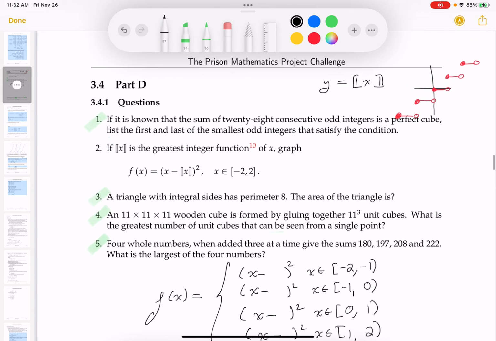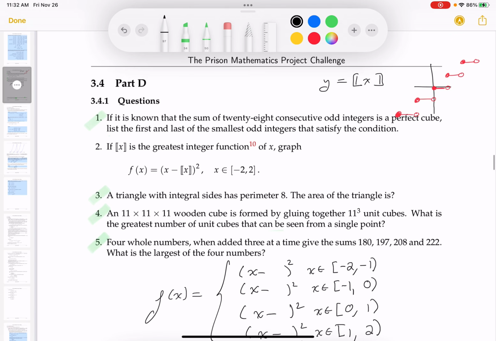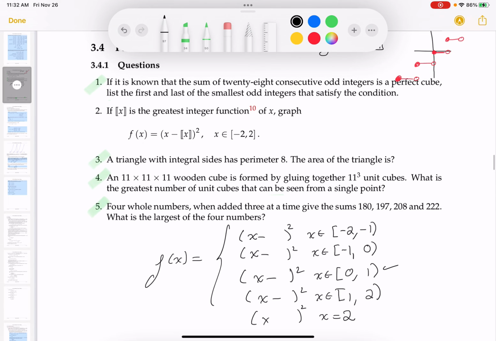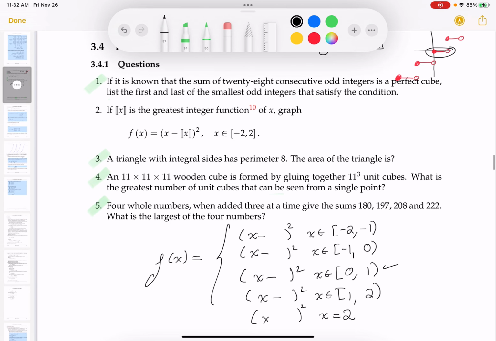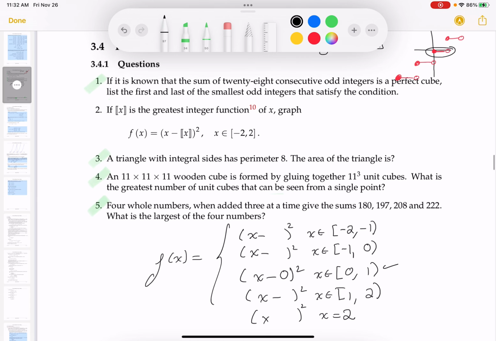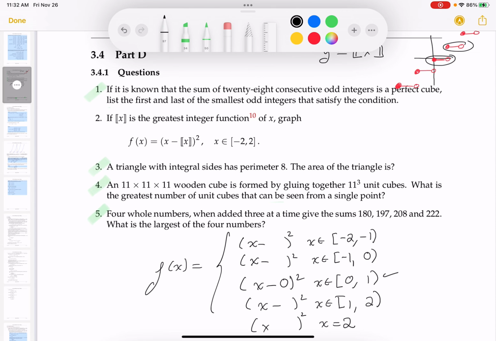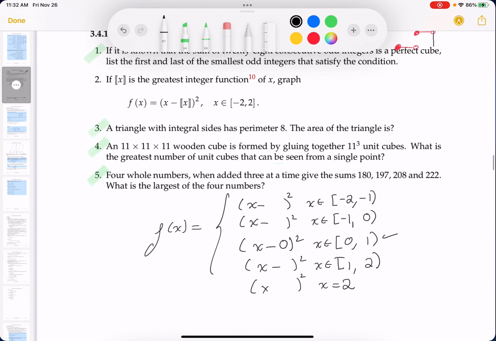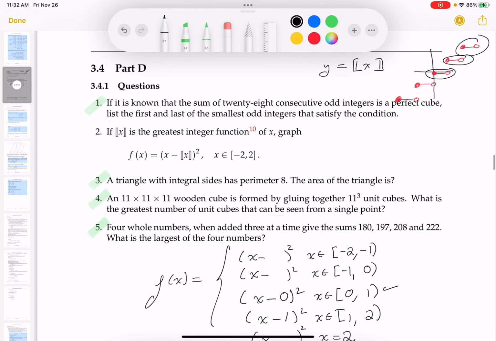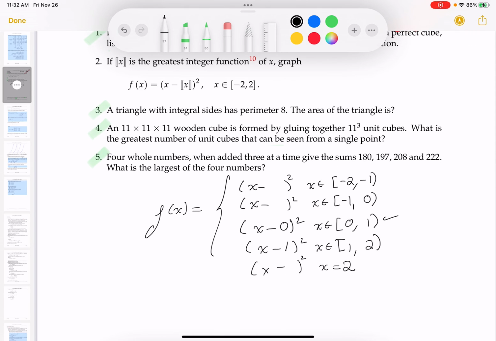Let's go between 0 and 1 first. That's a pretty easy one. What's that going to look like? That's just going to look like 0. And let's go between 1 and 2. That's just going to look like the number 1. And the next jump over here, that's just going to look like the number 2.